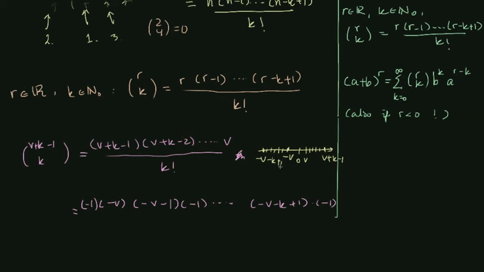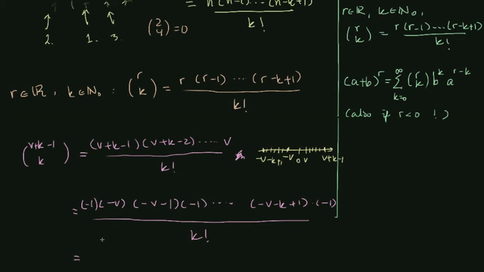So it's still the same number of terms, and we still multiply the same values with each other, just multiplied by minus 1. And so we multiply each of them again by minus 1 in order to attain the same value as we have up here. So all of this divided by k factorial.